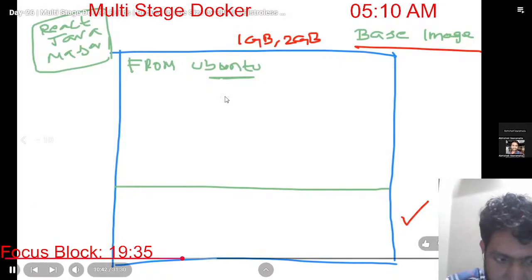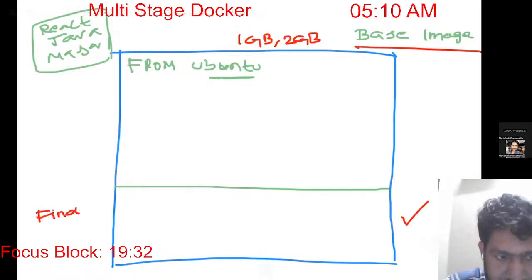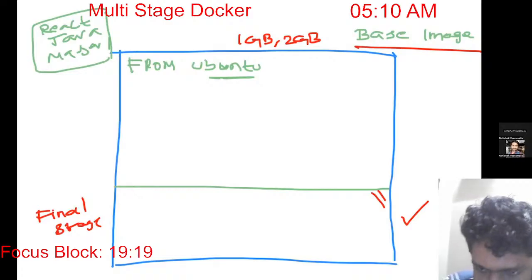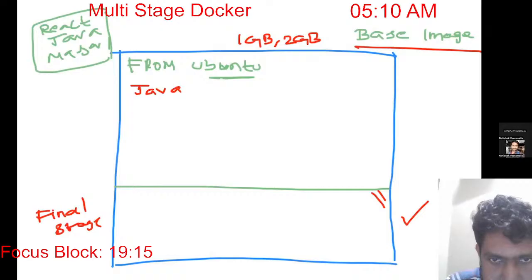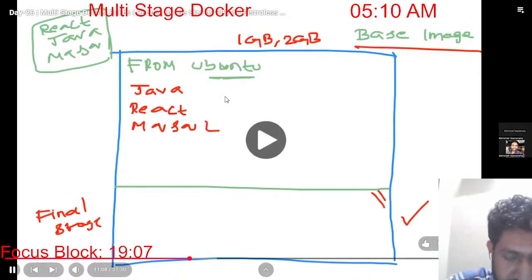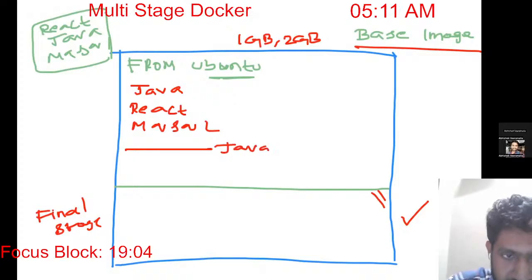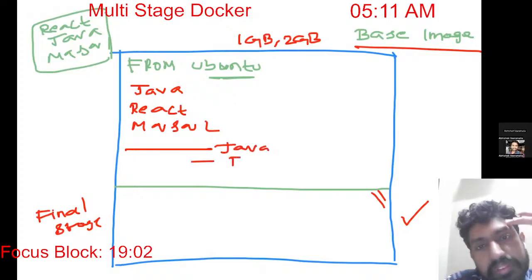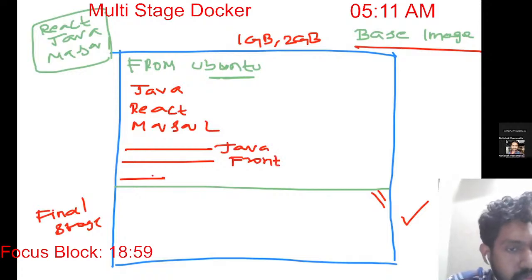What you have to do is firstly you start from Ubuntu, then you will install all the dependencies regarding Java, all the dependencies regarding React, all the dependencies regarding MySQL, then you will build your Java application, then probably you'll build your front end, and as part of your entry point you will execute a combined application, right?